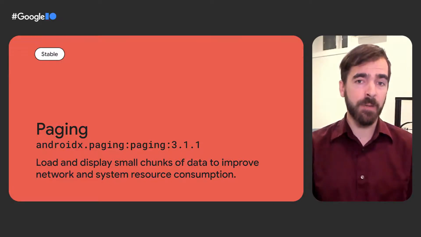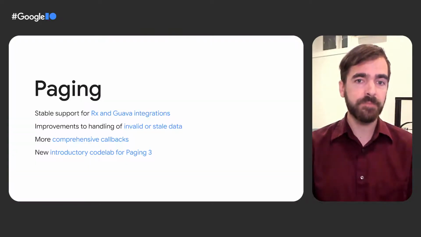The Paging library makes it easier for developers to load data gradually and gracefully within an app's recycler views or composed lazy columns. Paging 3.1 brings stable support for RxJava and Guava integrations, which provide Java alternatives to Paging's native use of Kotlin coroutines.